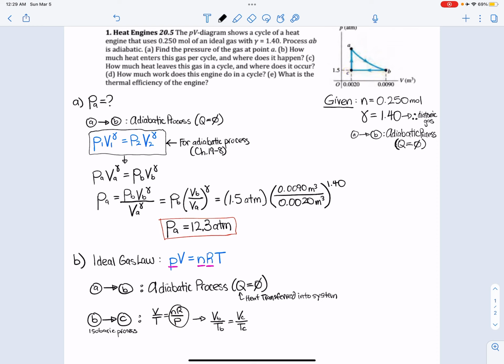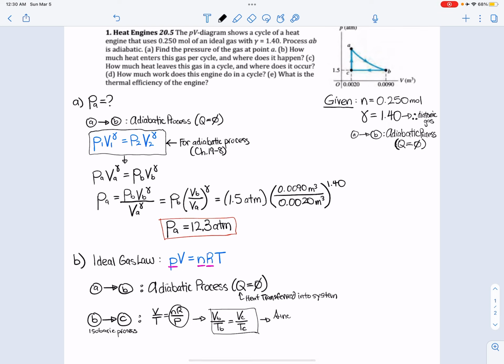So just based on this formula, volume at B over temperature at B is equal to volume at C over temperature at C, we can see that the volume decreases. At state B, we've got 0.009 cubic meters as our volume, and at state C, we've got 0.002 cubic meters as the volume at C. And based on this formula, if the volume decreases from B to C, I'll write that down.